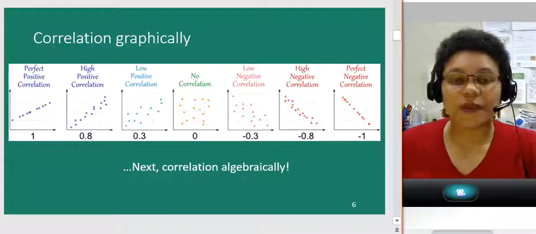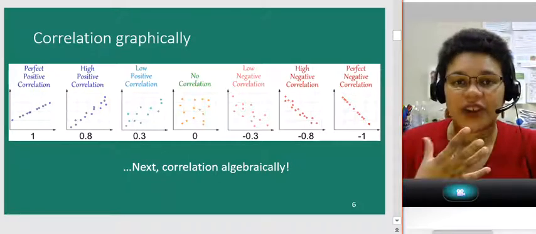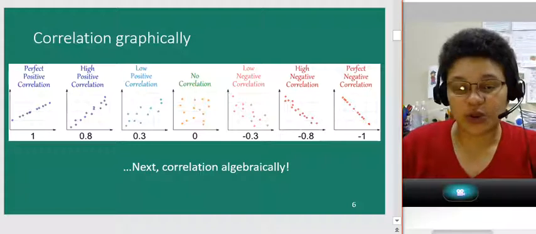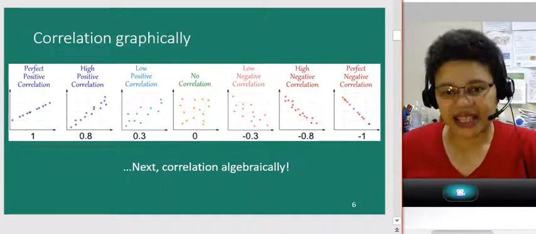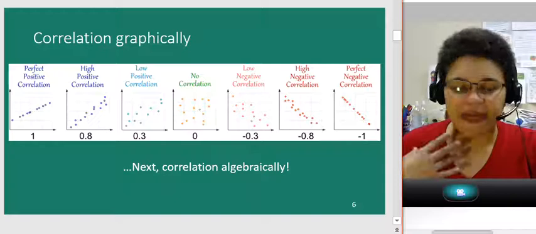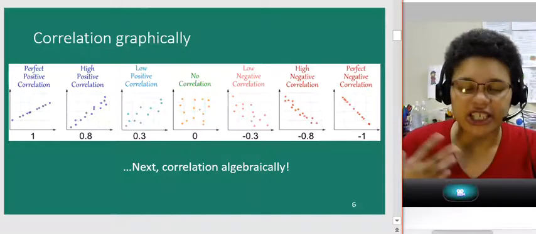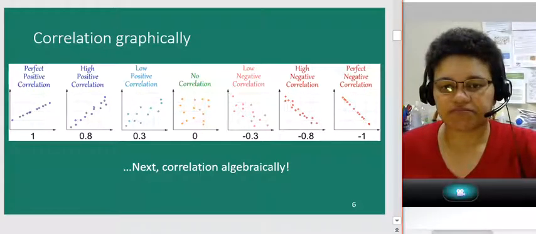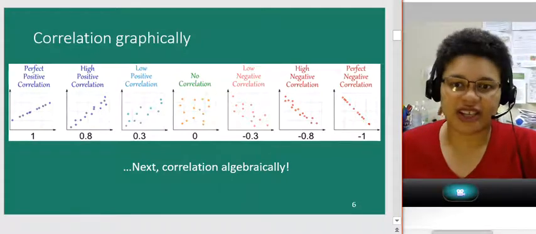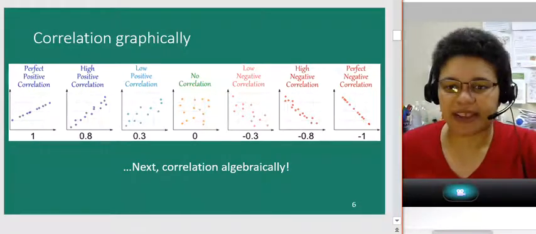As one variable is getting higher, the other variable tends to be lower. And then a perfect negative correlation means that things will change the same way for each participant. And so you can connect the dots basically and make a straight line.